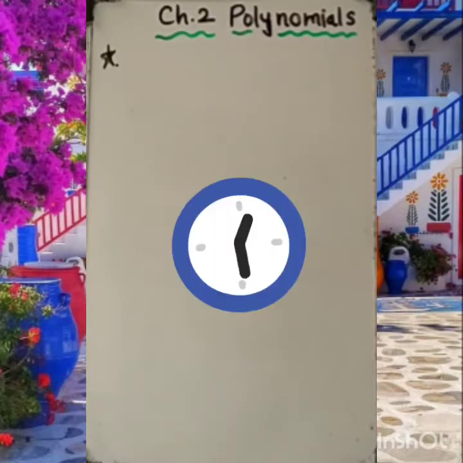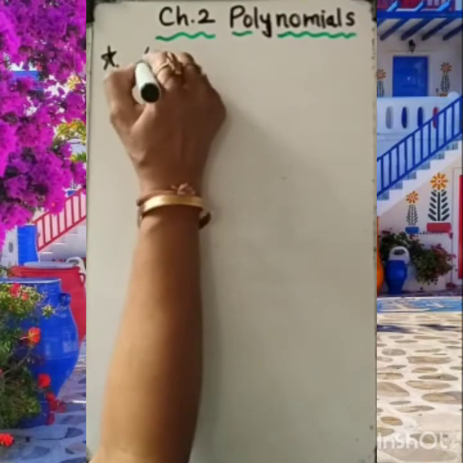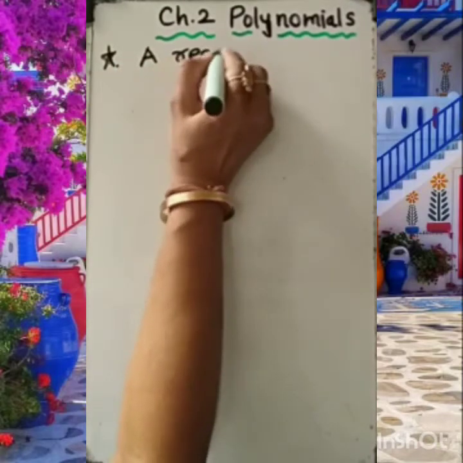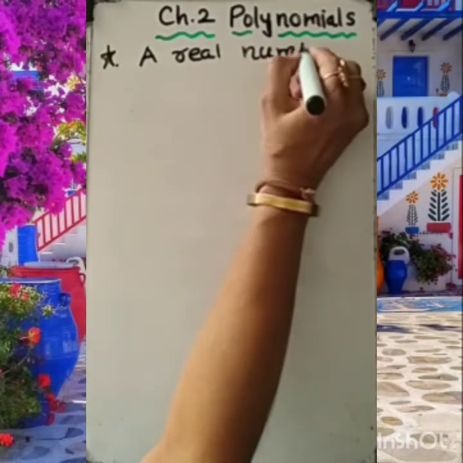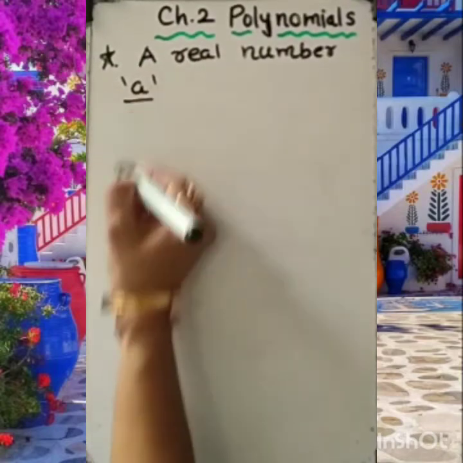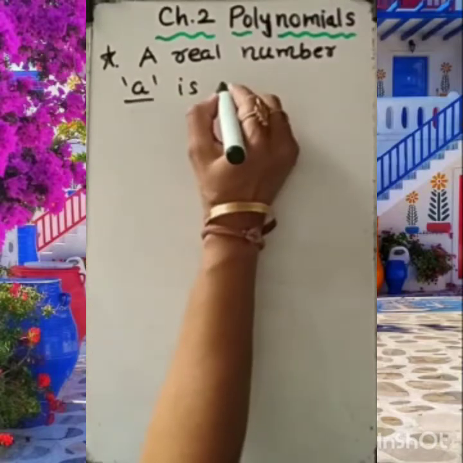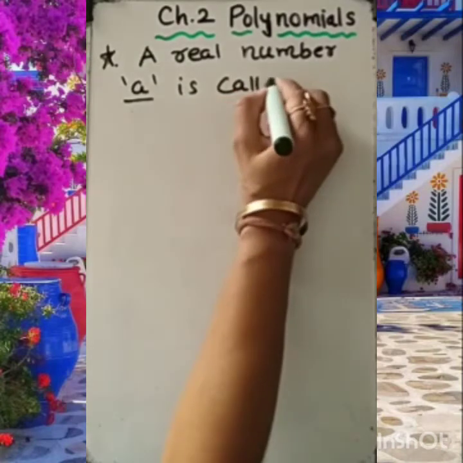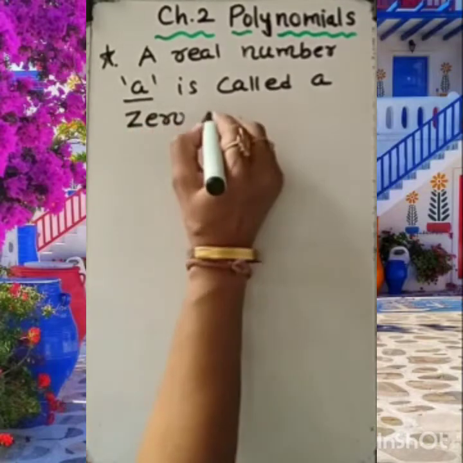So, my dear students, the next point we need to learn, which is quite important, is a real number a. Here in the polynomial we are using a real number. About this a, it is called a zero of the polynomial.